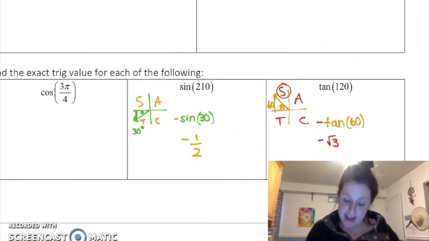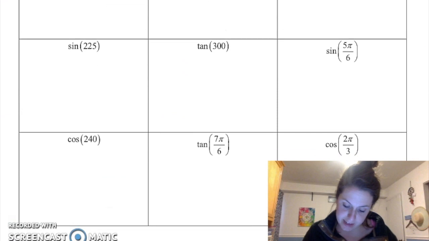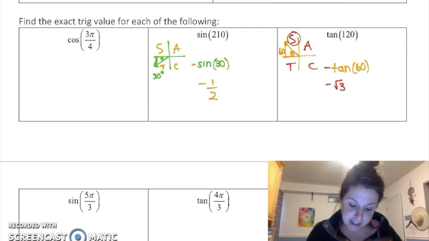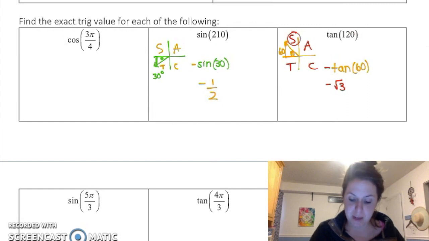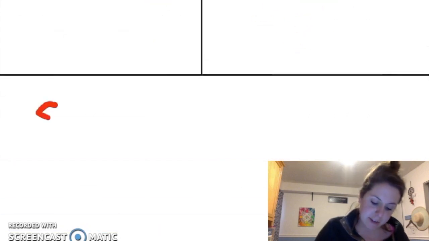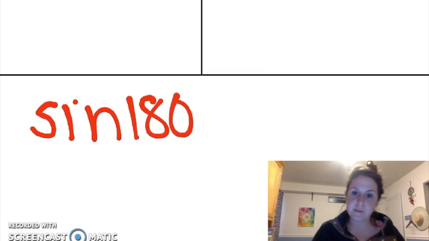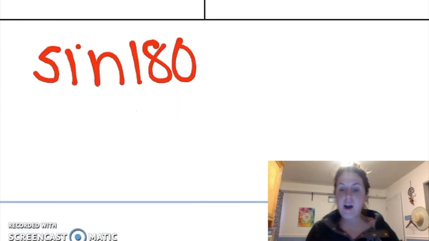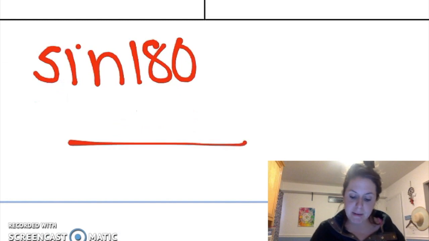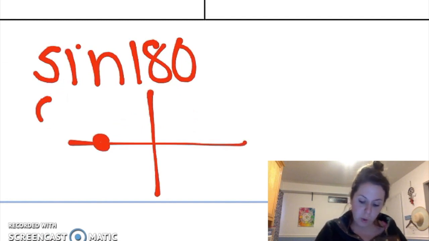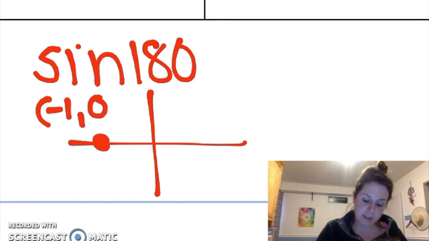All right, now let's say that we had a quadrantal angle. Do we have any of those here? We don't have any in here. All right, I'm going to make one up. Let's say that I gave you sine of 180, right? So that's not technically on my table. What you need to think about with a quadrantal angle is 180 degrees is over here. The coordinate of that is -1, 0.